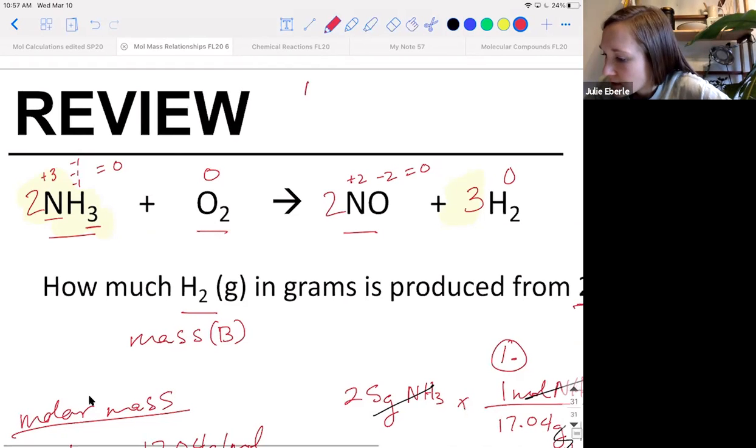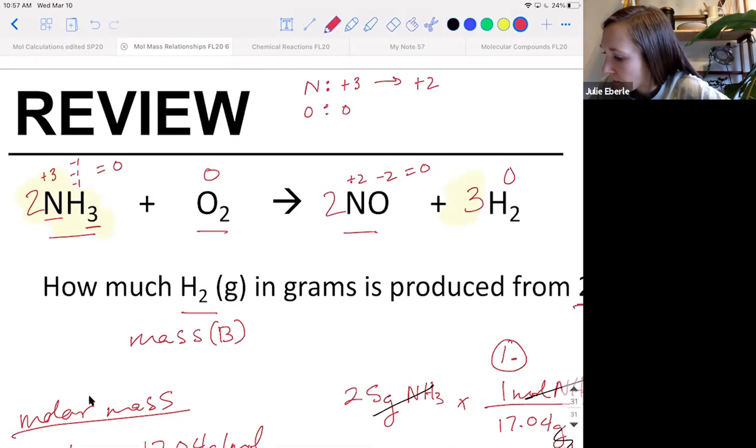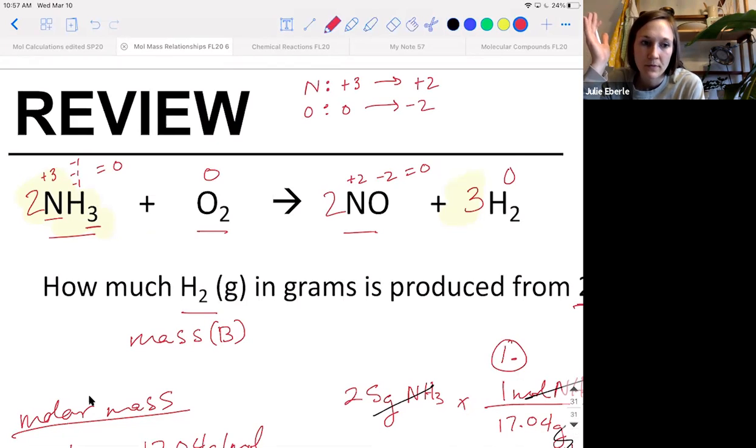So nitrogen starts out as a +3, and it is going to a +2. Oxygen, she said, is 0, and it is going to a -2. So Allie, think about oxygen for a second. It's 0 on the reactant side, and it's becoming a -2. Riley, yeah, I'll scroll back down in just a second.